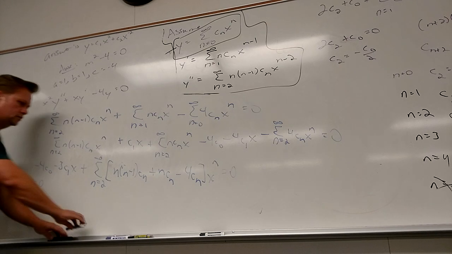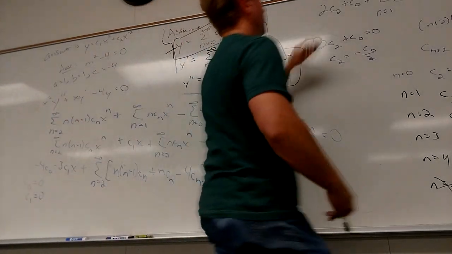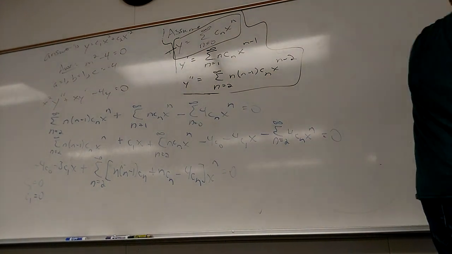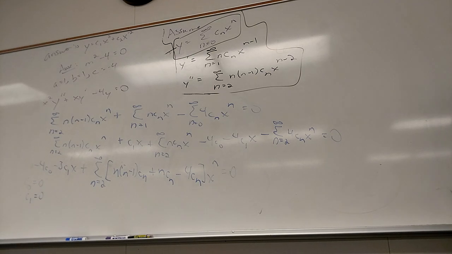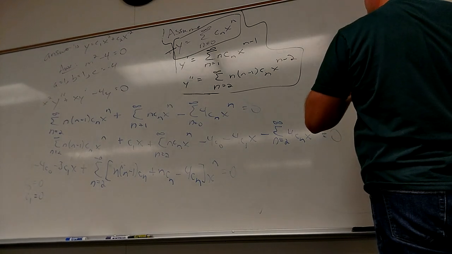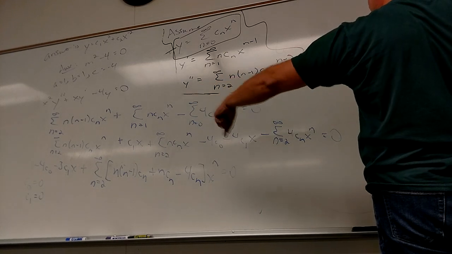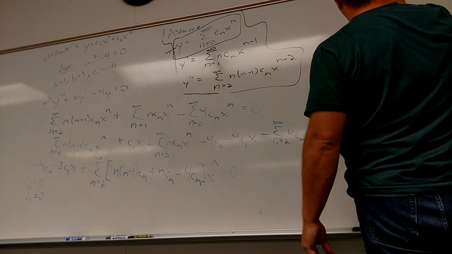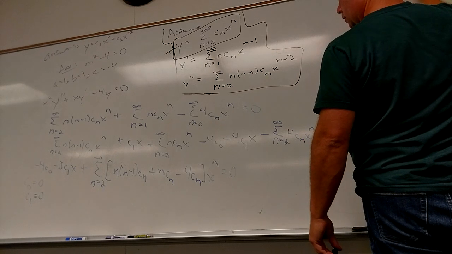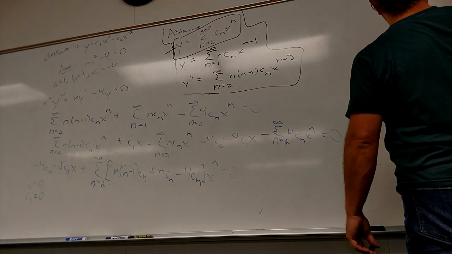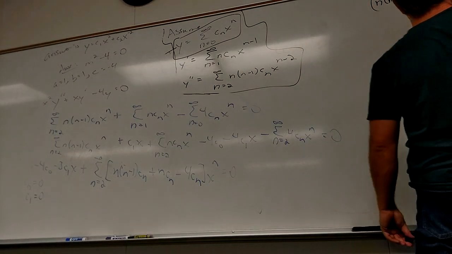All right, let me see. Take the one that's working the best here. So what's my recursion relation? See how everything's the same? So actually I get n times n minus 1 plus n minus 4 times Cn equals 0.